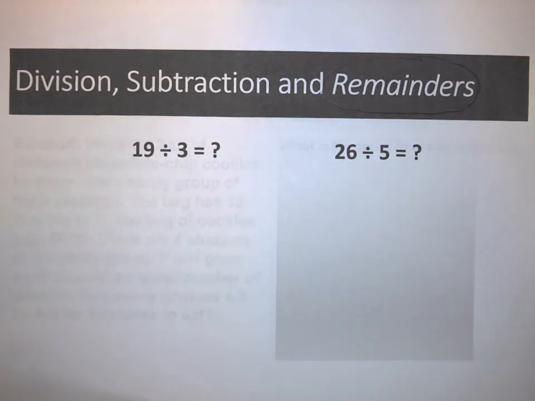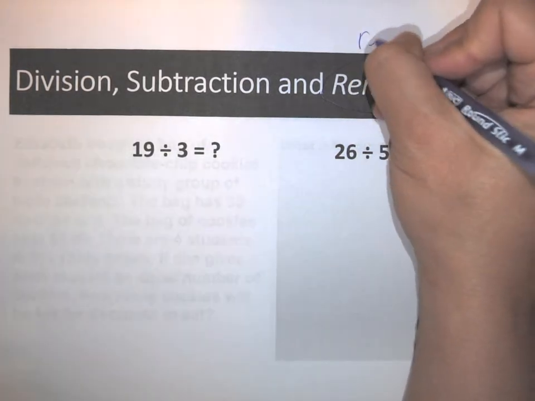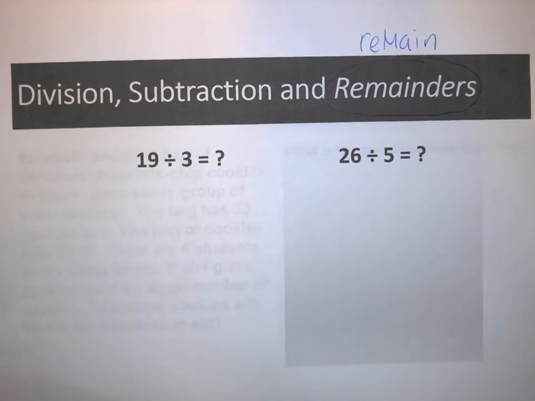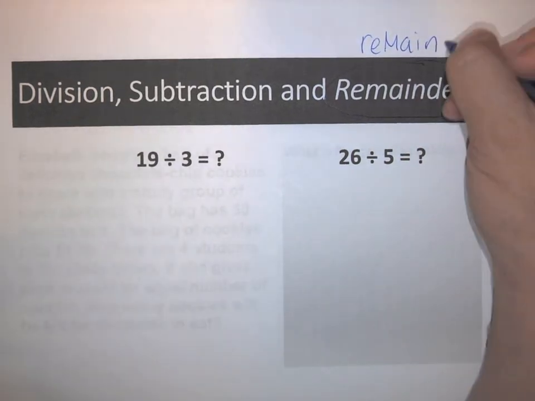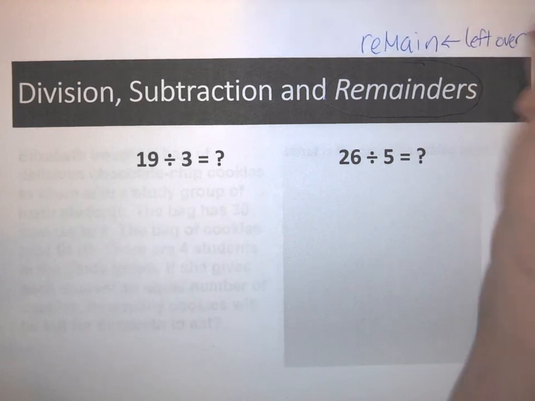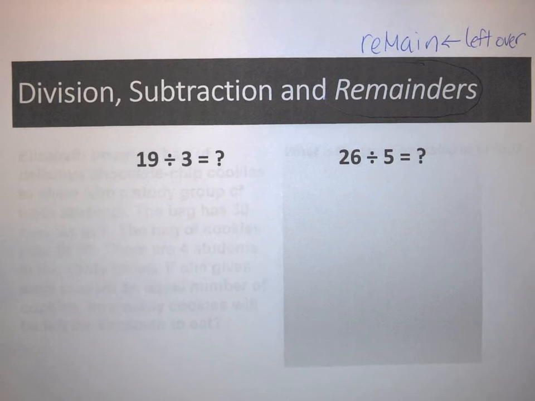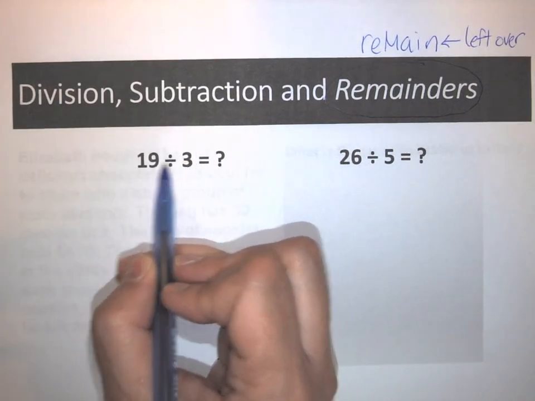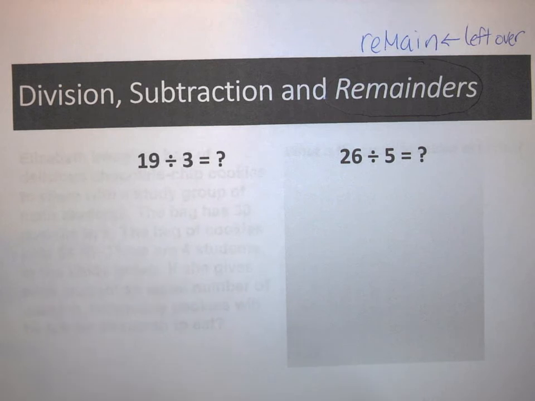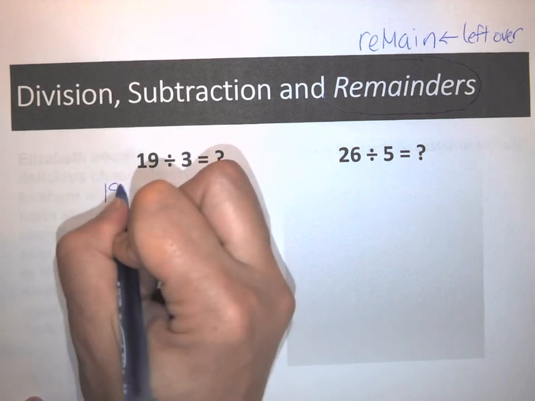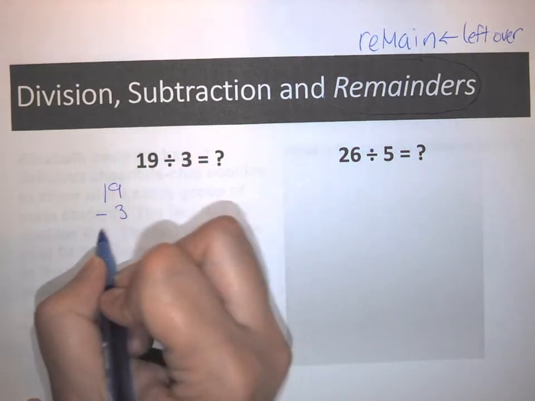what is this whole thing with remainders? Well, remainder, the root of that is the word remain, which is to stay or to be left over. So the question is really, how many times can I subtract, in this case, 3 from 19, and is there going to be anything left over? So let's find out. 19 divided by 3 is just asking how many times can I subtract 3 from 19.